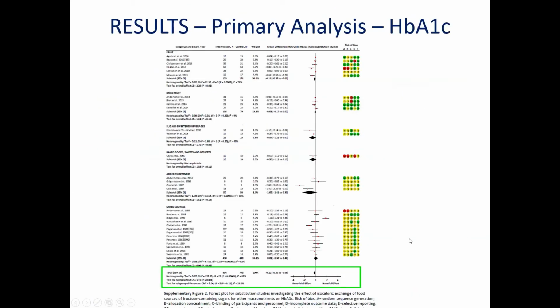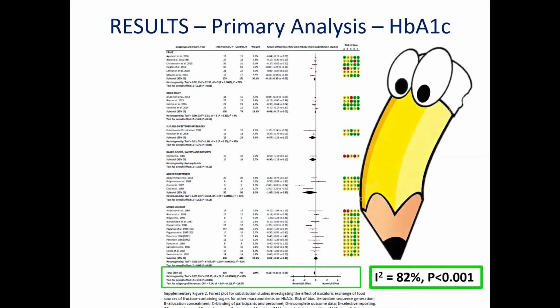Again, if I look at the complete forest plot for the substitution studies on HbA1c in supplementary figure 2, I can confirm the heterogeneity. Now I want to look for the results of a sensitivity or a priori subgroup analyses that we found described in the methods earlier. Take a minute to look for the heterogeneity in your SRMA and take note of it beside question 13 in your worksheet.